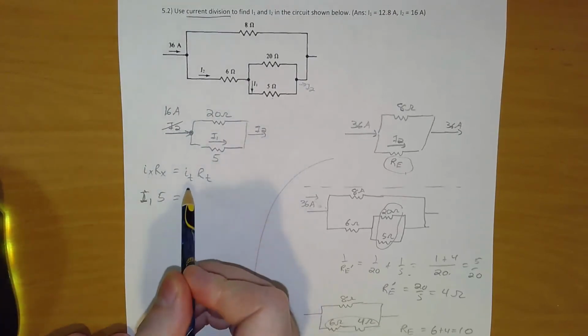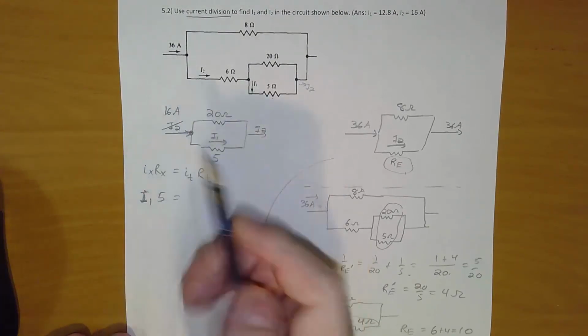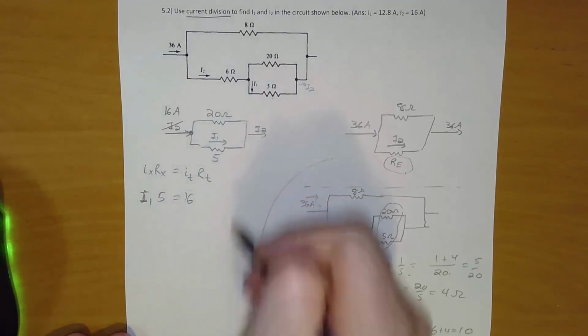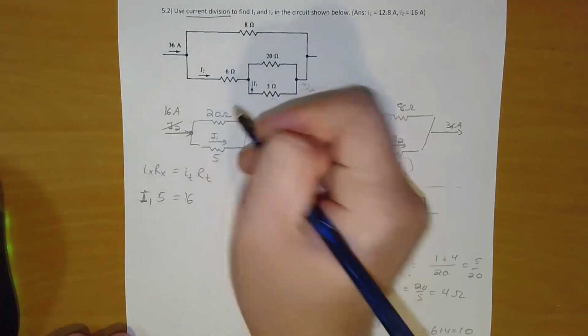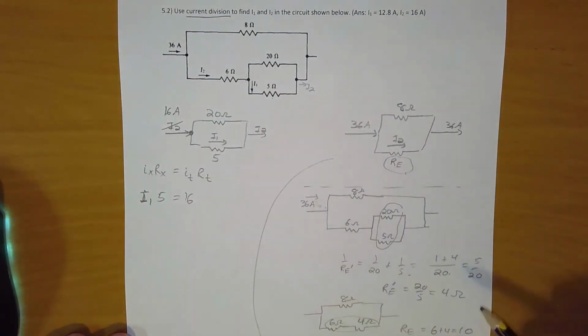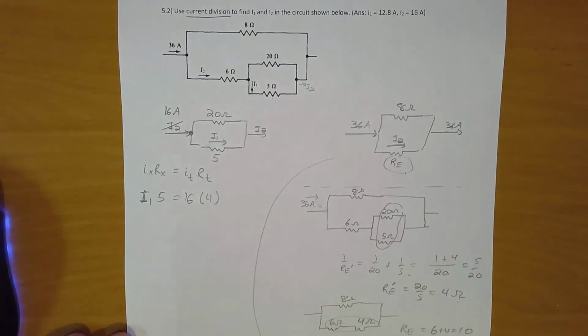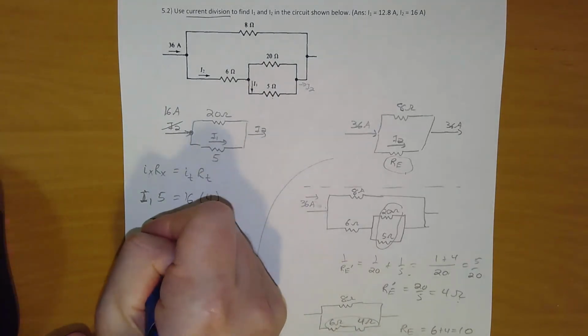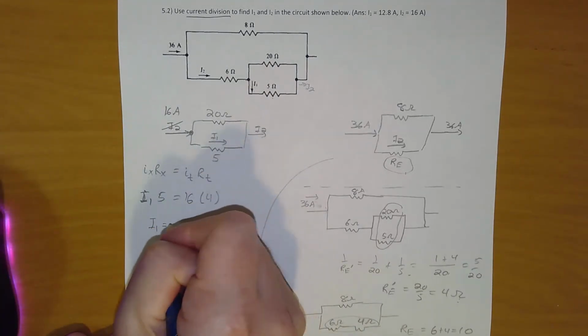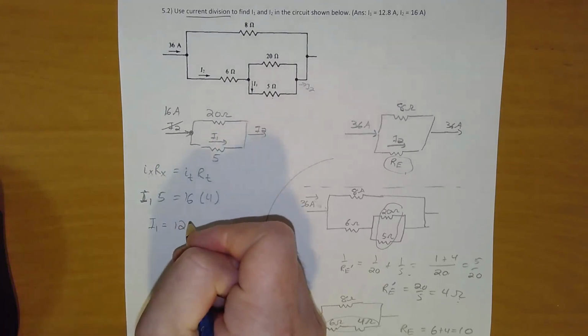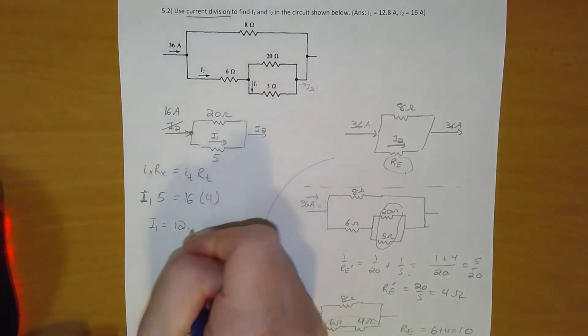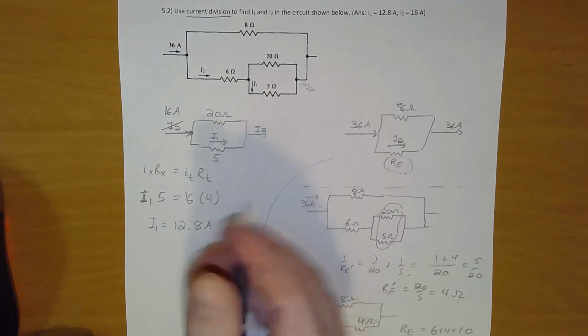The total is the current that's coming in and being divided, so this is going to be our 16 amps. And then our total is this 20 and this 5. We already did that earlier and found that it was 4, so I'm not going to do that again. We do the math there, and we will get 12.8 amps when you do the algebra.